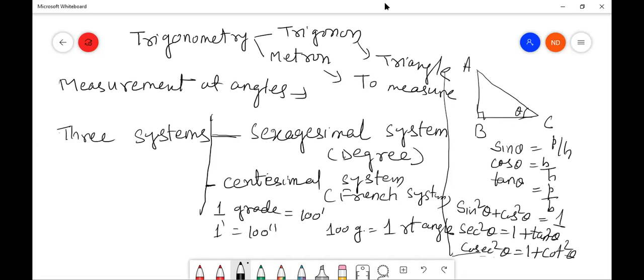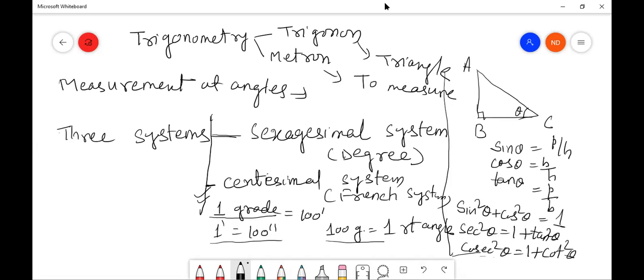Various denominations of this grade we take like this. Anyway, we are not studying the centesimal system much, so not to worry about it.